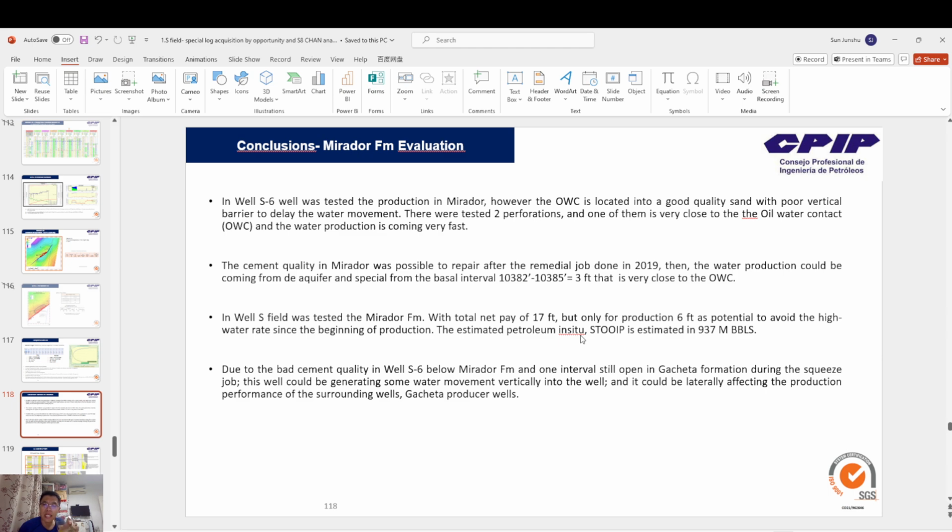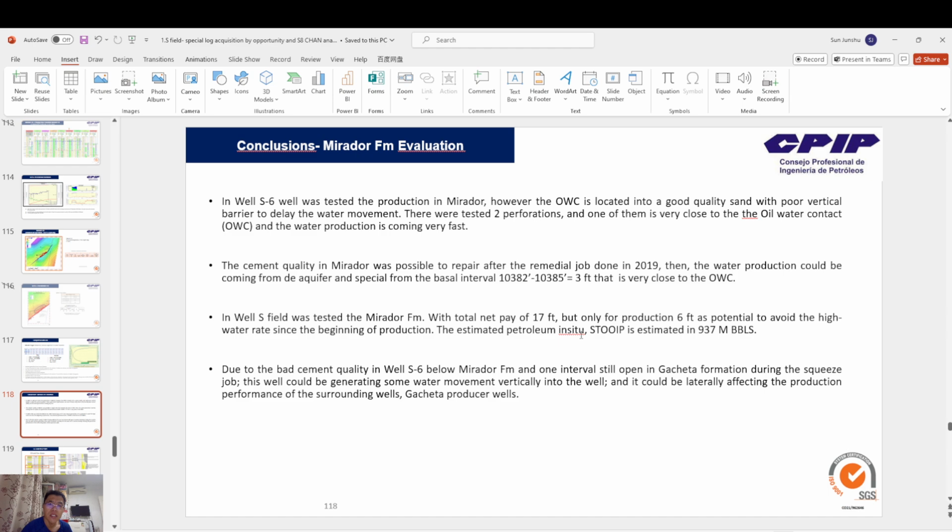The well was tested in Mirador formation with a total net pay of 17 feet, but only 6 feet have potential for production to avoid high water rate since the beginning of production.